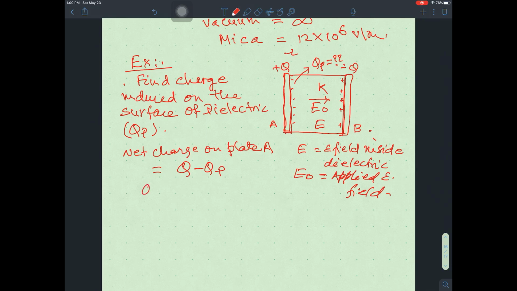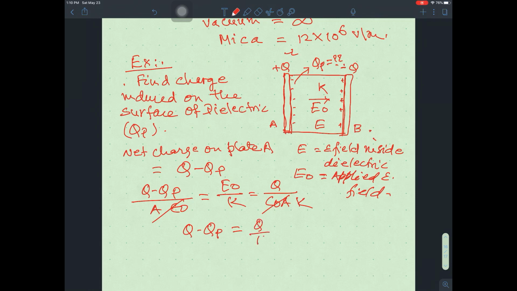So the electric field (Q minus QP) by A epsilon naught must be equal to the reduced value of electric field, and E naught is Q by epsilon naught A, so E is E naught by K, that is Q by epsilon naught A into K. So epsilon naught A will cancel, and we are getting Q minus QP is equal to Q by K. Therefore QP is equal to Q minus Q by K.